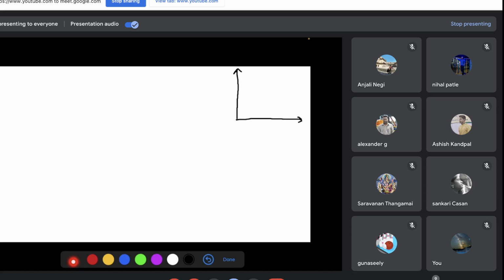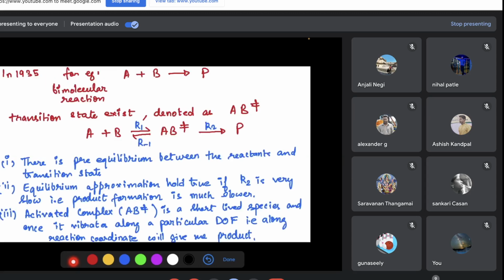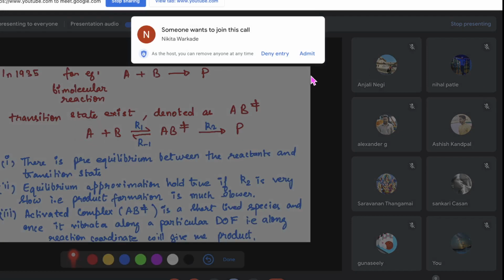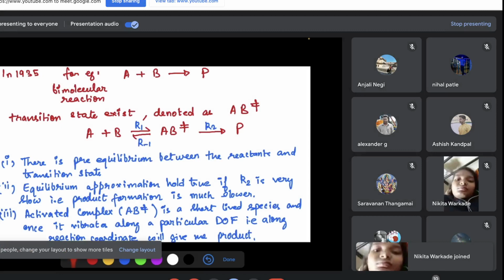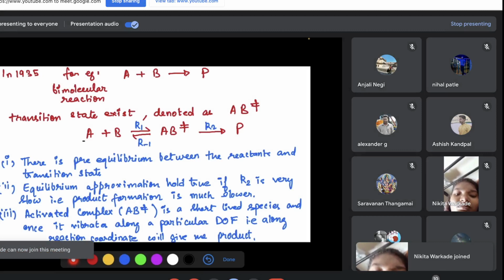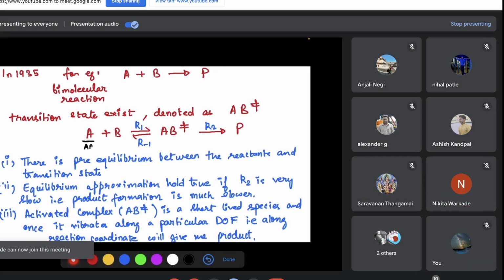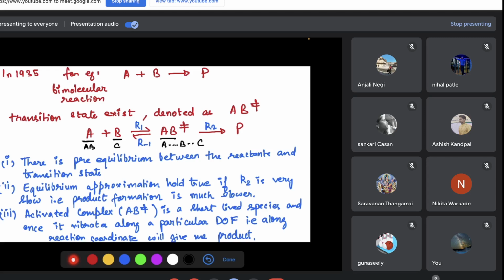So remember, earlier I denoted A, B, but just to give more insight, I will be writing my first molecule as an AB molecule, this one as a molecule C. So my transition species becomes ABC, and my product will be BC plus A.